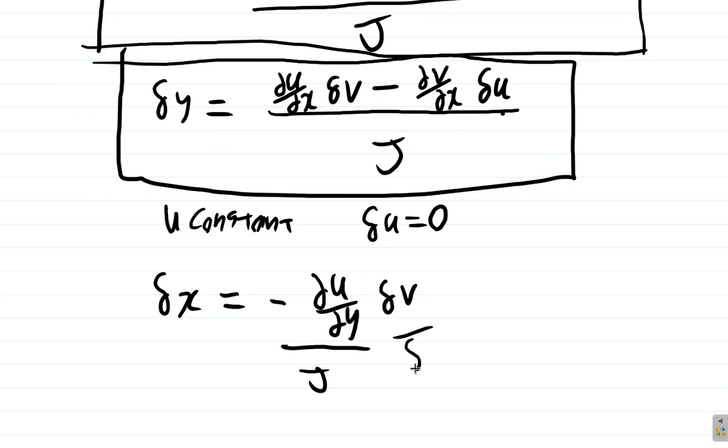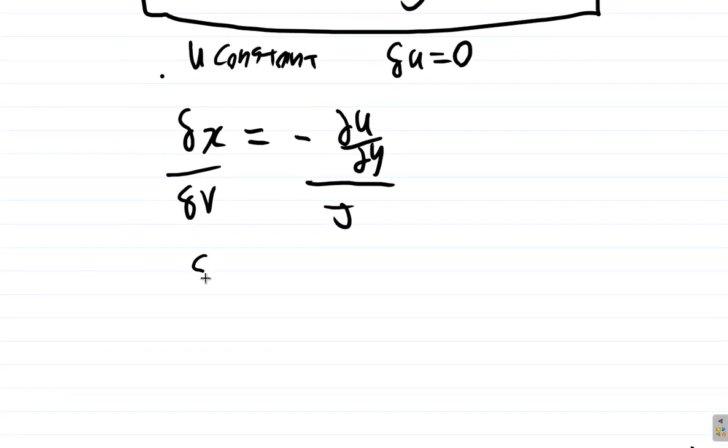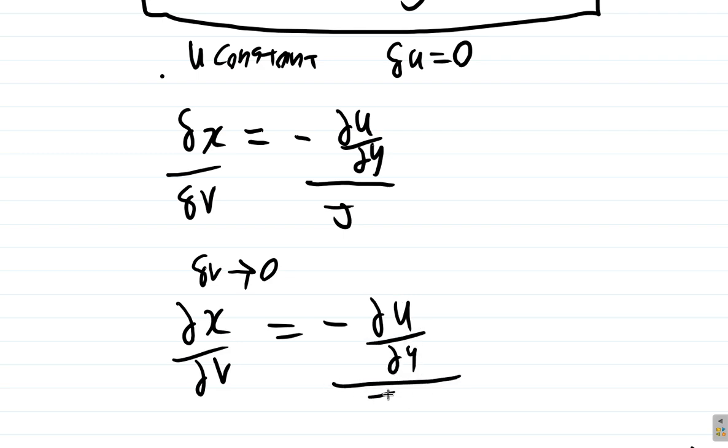If you divide both sides by change in V, the change in V cancels. And then as the change in V tends to 0, what you have is the partial derivative of x with respect to V is equal to negative partial derivative of u with respect to y over the Jacobian. Alright? So we have delta x by delta v is equal to negative delta u by delta y over the Jacobian. Better write this y properly so that I don't mix it up and think it's u.